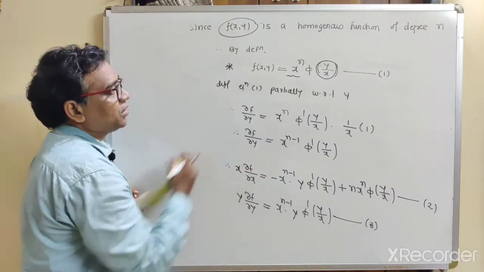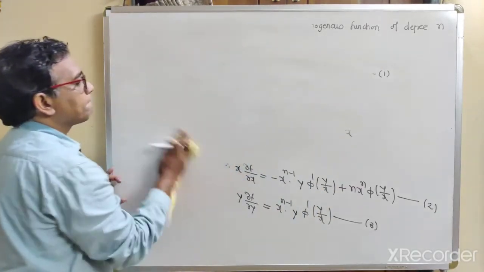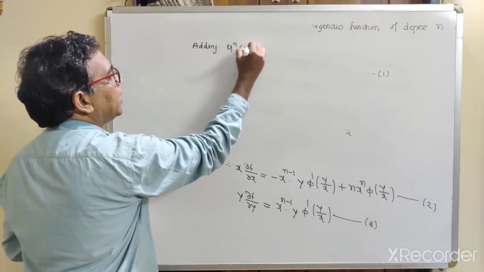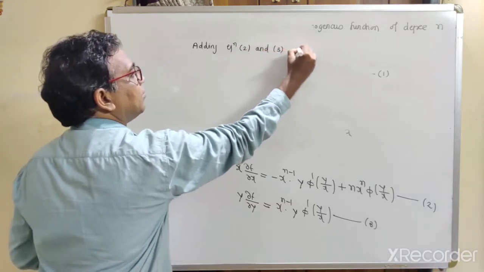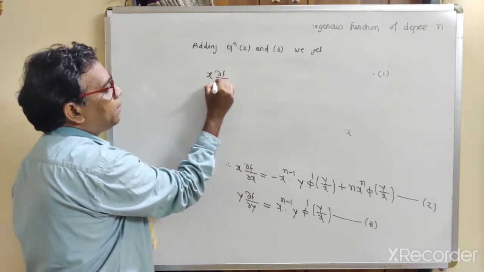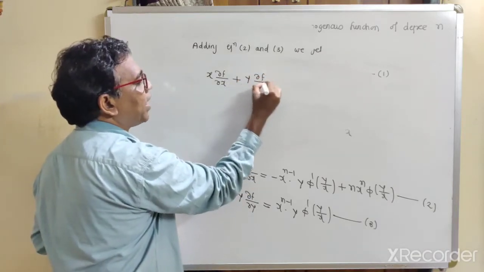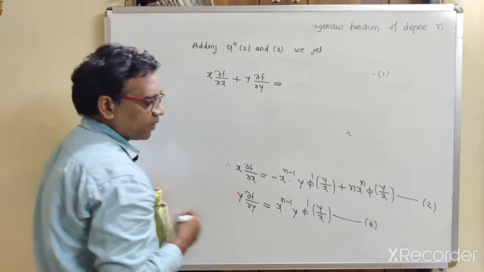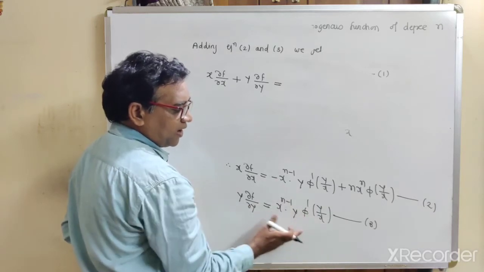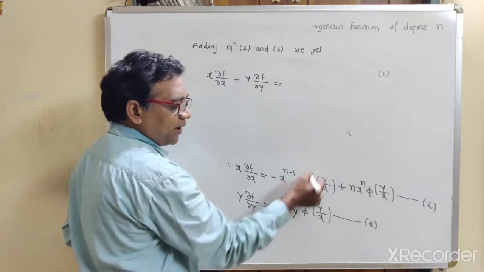Now just add equations 2 and 3. So write down, adding equations 2 and 3, we get, so what is equation 2? x into del f by del x plus, this is equation number 3, just take the addition, y into del f by del y is equal to, now if we add these two equations, then x raised to n minus 1 into y into phi dash y upon x, this is the positive sign and this is the term with the negative sign. So the positive and negative terms get cancelled.